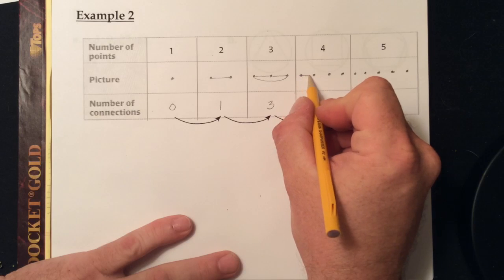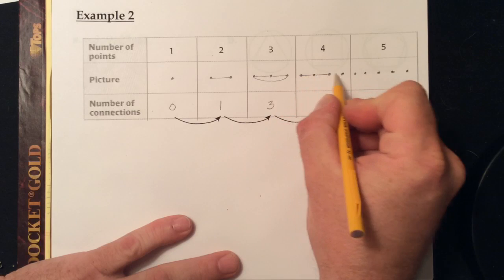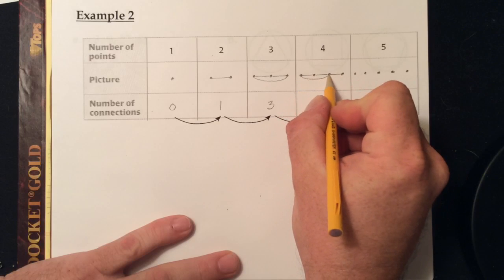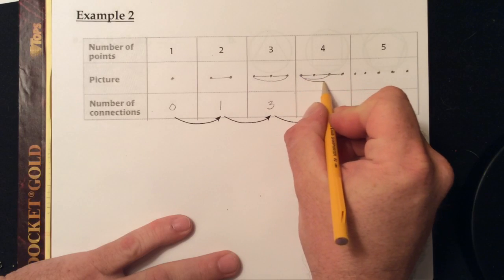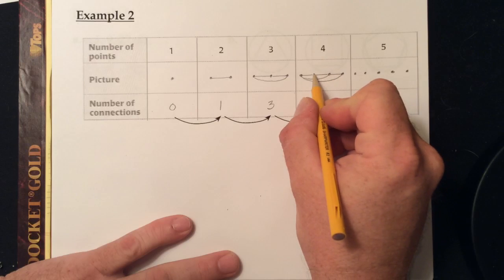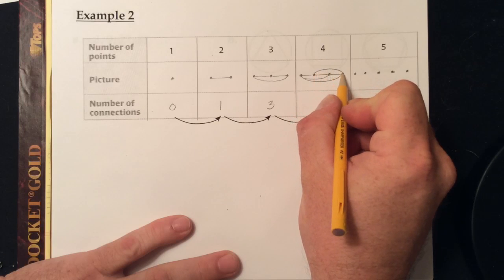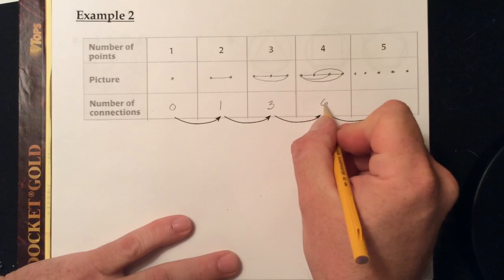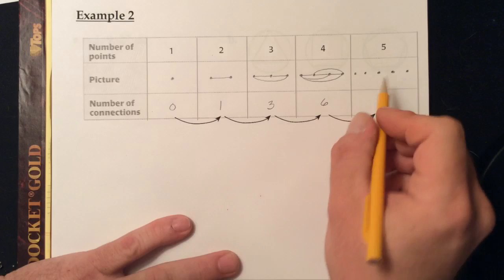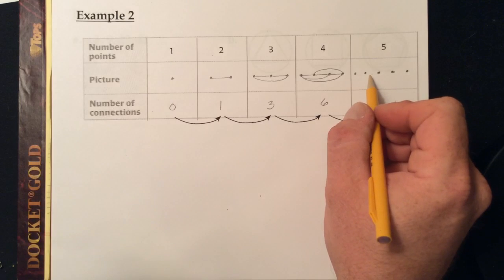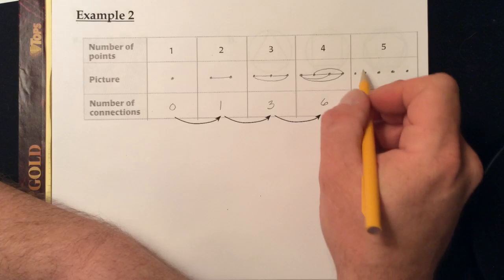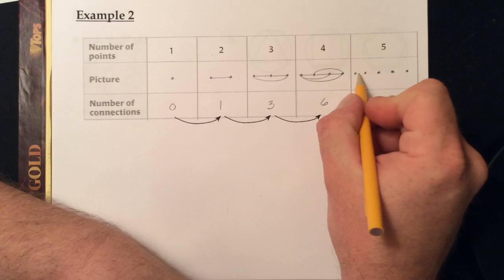Here we have 1 connection, 2 connections, 3 connections, 4 connections, 5 connections, 6 connections, and we already have a connection between these last 2. So that's 6 connections. The last one, and this will be our conclusion, by the way, there's 5 collinear points.